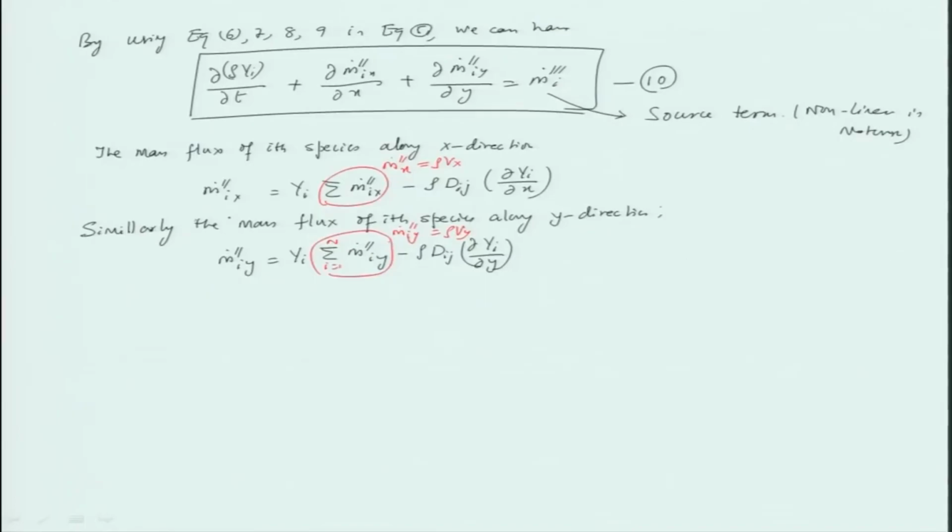Yes or no? So, what I will write down here is y I rho v x minus rho D_ij dx. Similarly, I can write rho v y minus rho D_ij. Let us say this is 11 and this is 12.